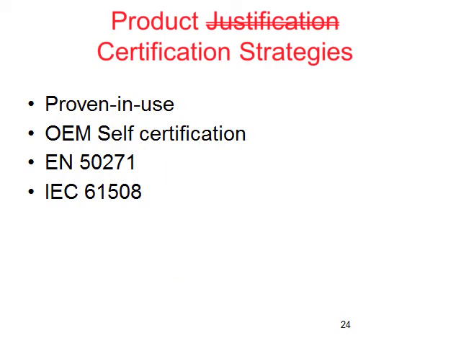So let's talk about the paths or the approaches to product certification. So I wrote justification, but then I crossed that out because we want to move out of this mindset of justifying we can do something to actually being able to show we have the traceability and the rigor has been put into the analysis.